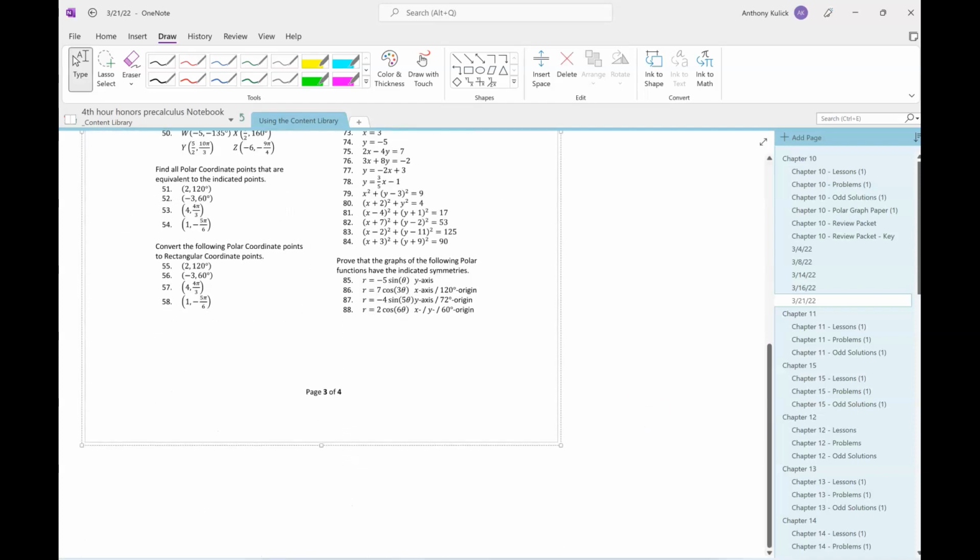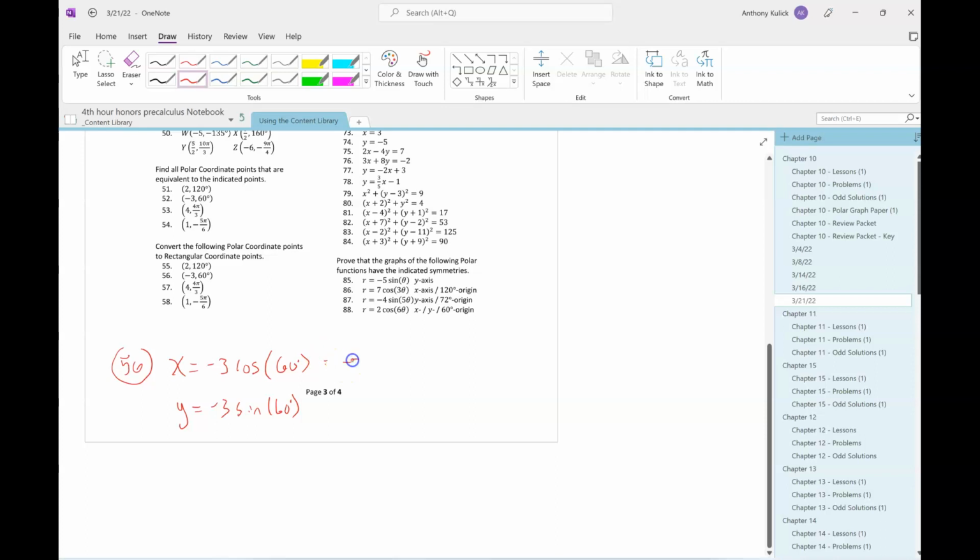So 56, we're asked to convert from polar to rectangular. Well, the formula is just, for the x coordinate, r cosine theta, and for y, r sine theta. So let me think here for a moment.